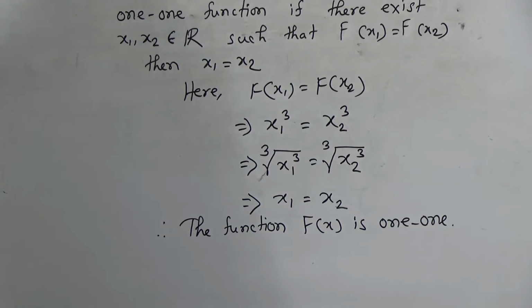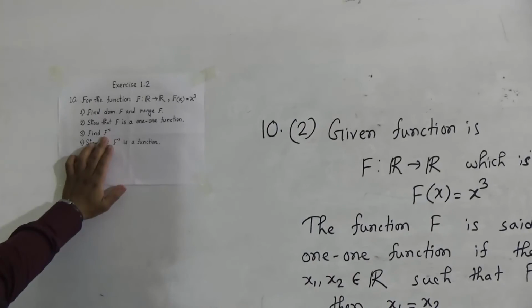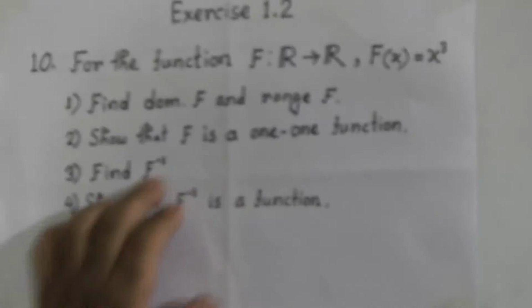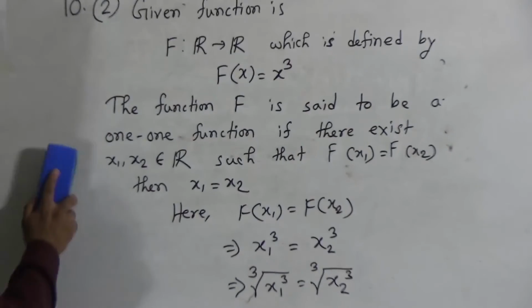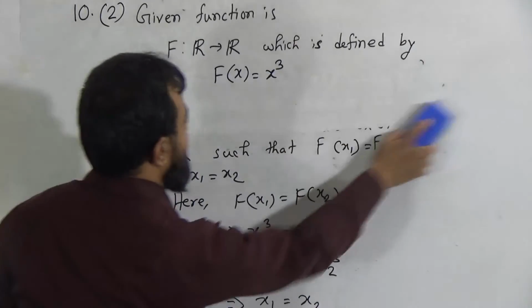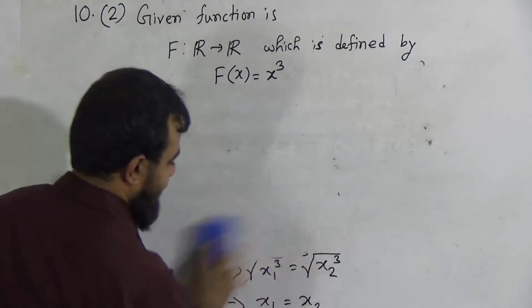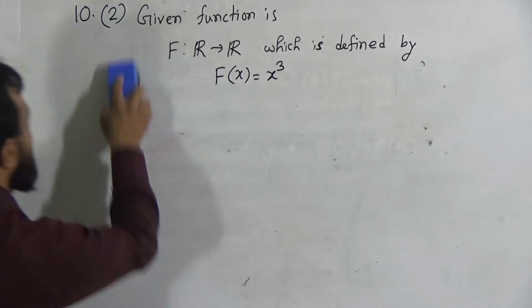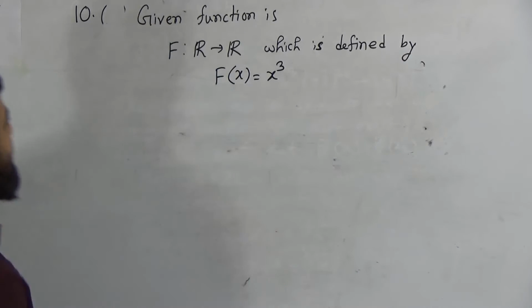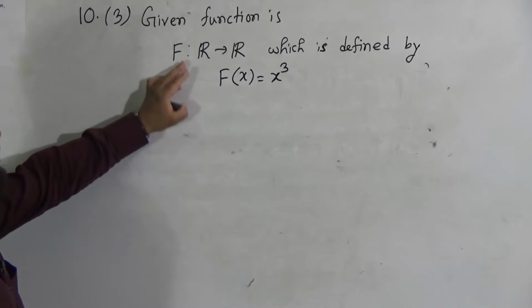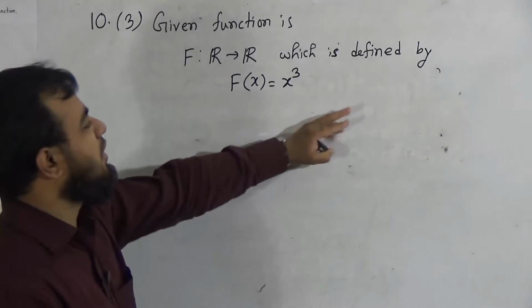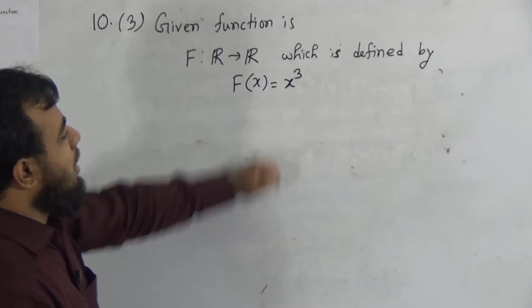Now our next question is, we need to find the inverse function of the given function f(x), okay? Now again, to solve question number 3, we'll erase this one. Question number 3 is, the given function is f from real numbers to real numbers, defined by f of x equal to x cube.